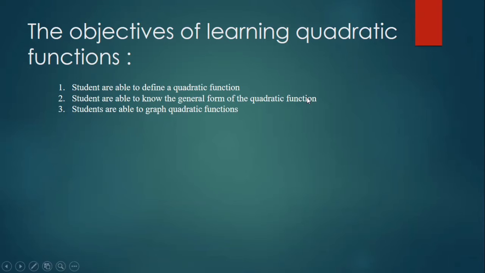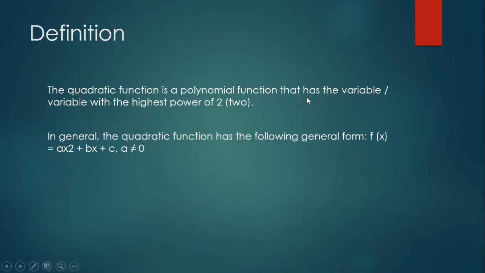For number 1, students are able to define a quadratic function. Number 2, students are able to know the general form of the quadratic function. And the last is students are able to graph quadratic function. And then the definition.